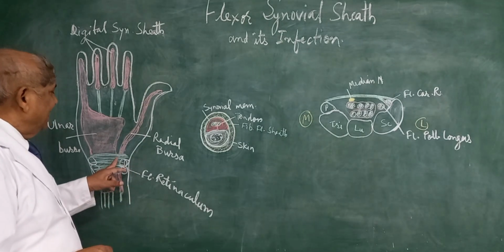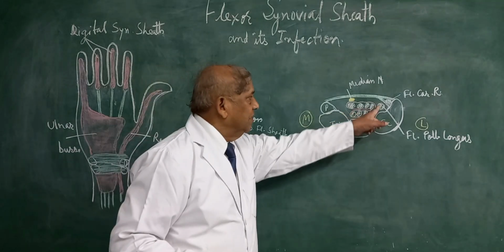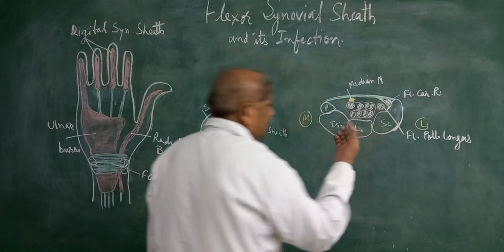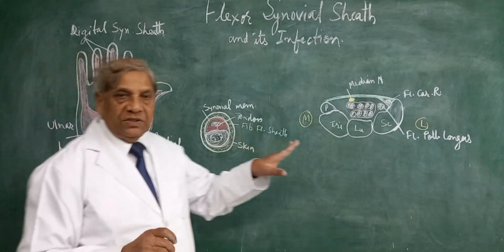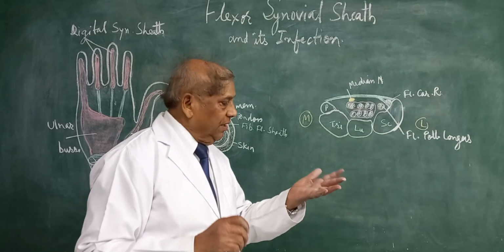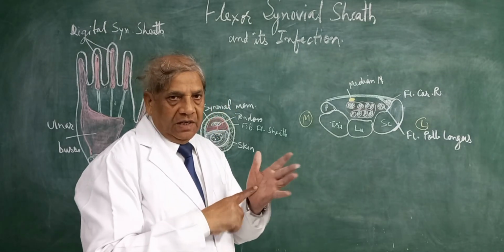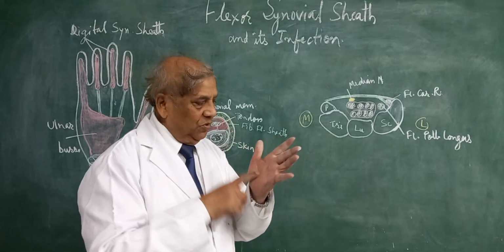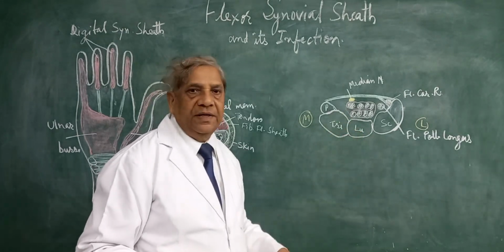This sheath also lies deep to the flexor retinaculum. Then there is another tendon, the flexor carpi radialis, which goes and gets attached to the base of the second metacarpal bone, and this is the flexor carpi radialis tendon.